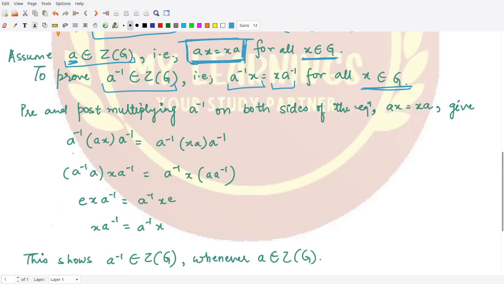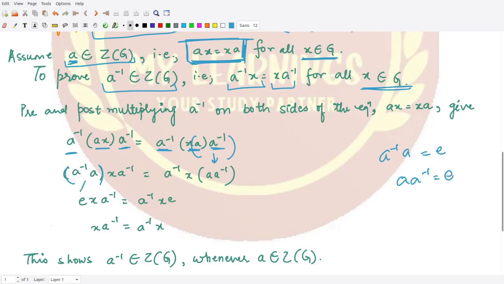So we have the equation AX equals XA, with A inverse pre-multiplied and A inverse post-multiplied on both sides of this equation. So that we may use associativity, we put the brackets here and here. Now A inverse A is equal to E, and A A inverse is also equal to the identity according to the properties of a group.